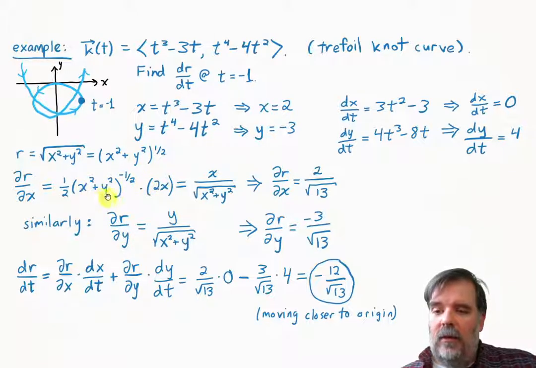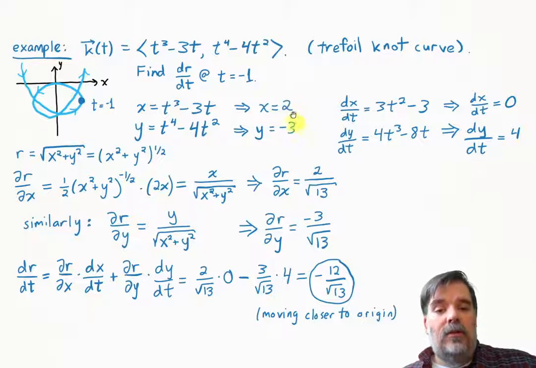Since this is with respect to x and y is a constant, the derivative of the inside is 2x. Rearranging these terms, these 2's cancel, the x goes into the numerator. This negative exponent means this is in the denominator and is a square root. So this derivative is x divided by the square root of x squared plus y squared.